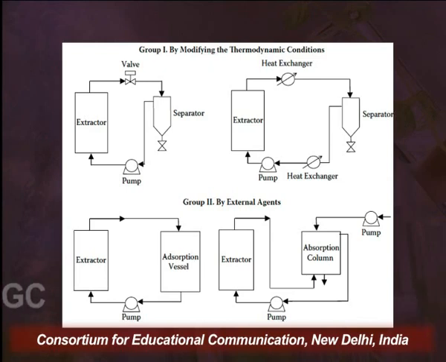In order to overcome this loss of yield, another technique was developed wherein absorption of the constituent was done onto a second external agent, and this is largely done with the help of a viscous liquid which moves in a counter current direction to that of the extract.